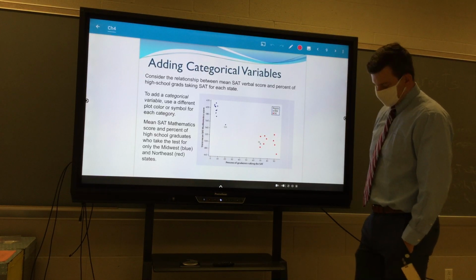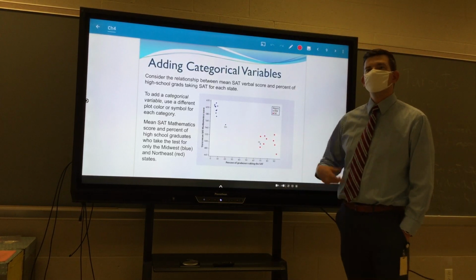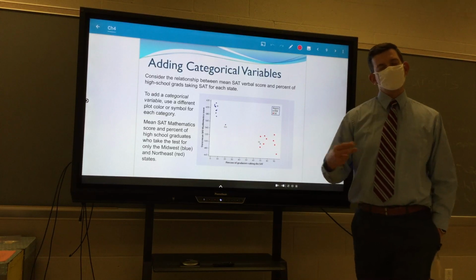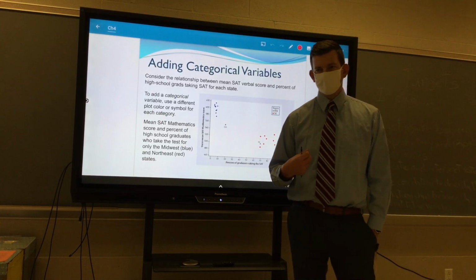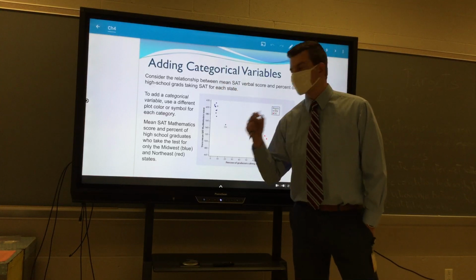Now, one of the nice things about scatter plots is that you can introduce additional variables. We know that we're comparing quantitative data, but you could also introduce categorical variables as well.